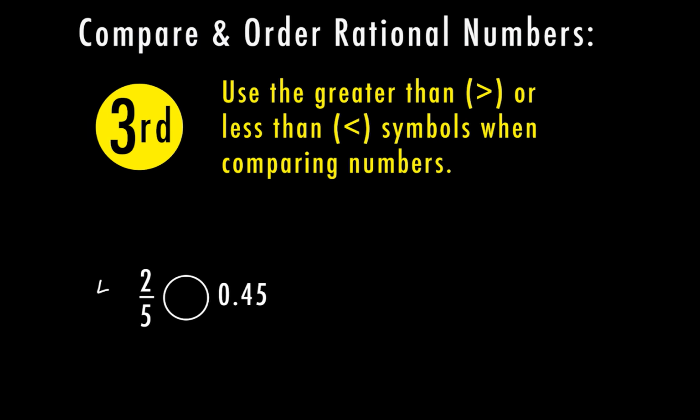So that means that my decimal is 0.4 or 4/10. Now I can compare this decimal to this decimal. 4/10, they both have the same tens place, but this one, the 5 in the hundredths, is greater than the 0. So that means that 45 hundredths is greater than 2/5.